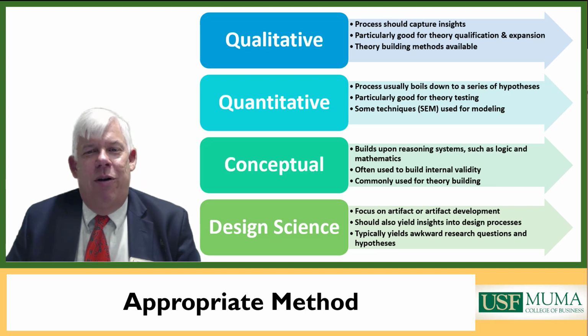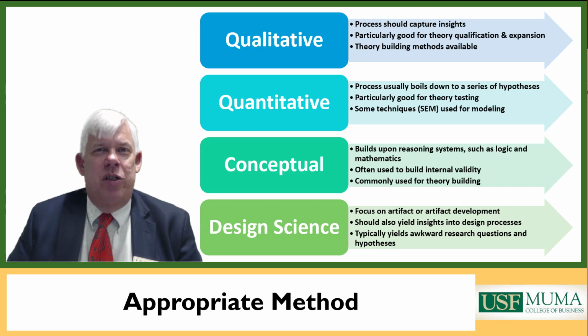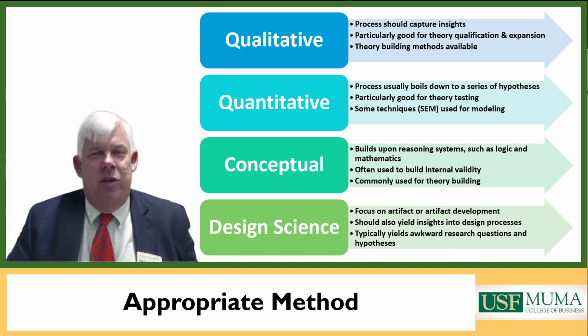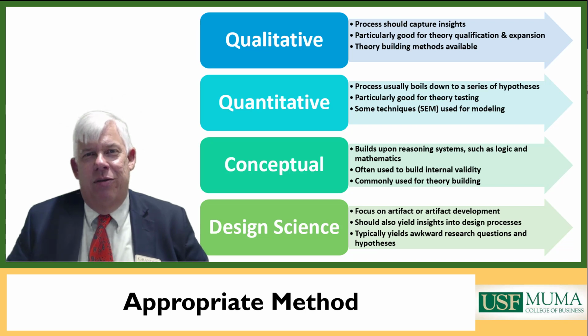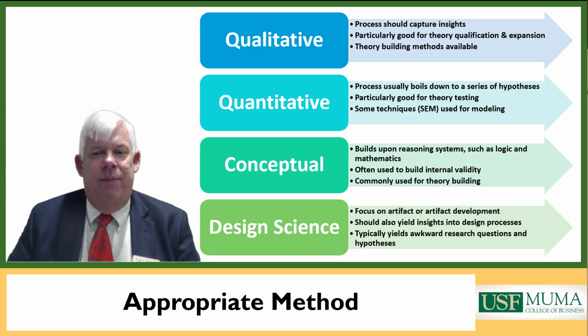I mean, whatever your artifact is, design science research looks at the process of building an effective artifact, making it more useful. And design science research also expects you to make contributions to our better understanding of design. So design science research is one of those areas where you normally have two contributions. There's the contribution made by the artifact, and there are the insights that we learn about design.